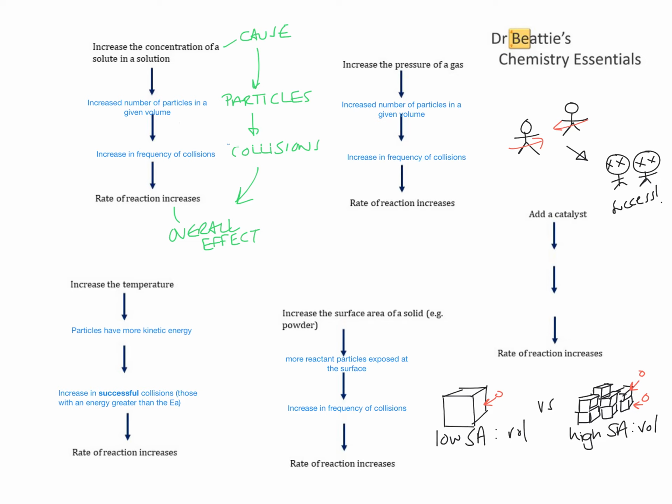If you add a catalyst, that's the same as being able to lower the bar in this high jump competition, so more people can jump over it, and therefore the rate of reaction increases. And just like temperature, there will be an increase, therefore, in the number of successful collisions, those with an energy greater than the EA, as this has been lowered.